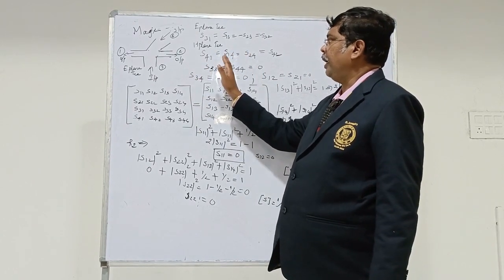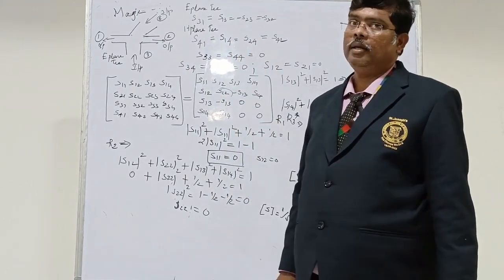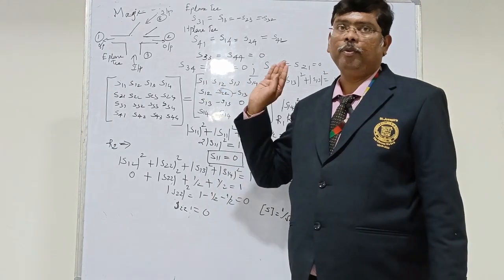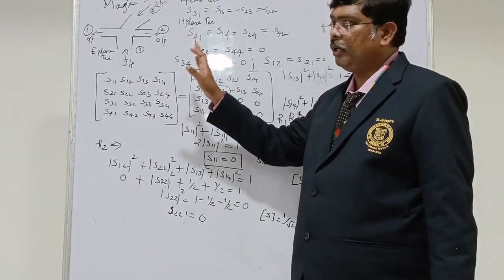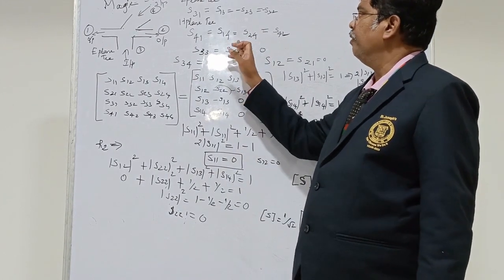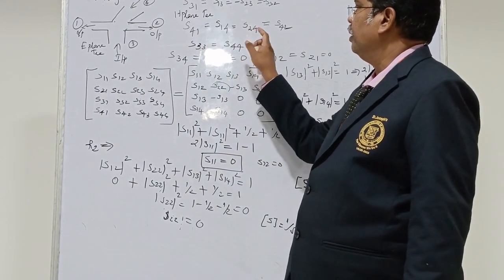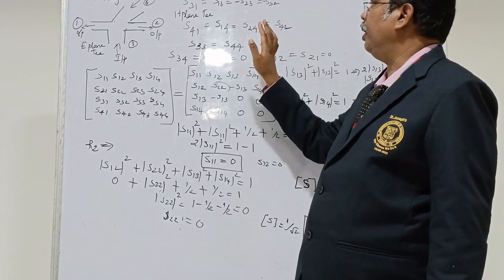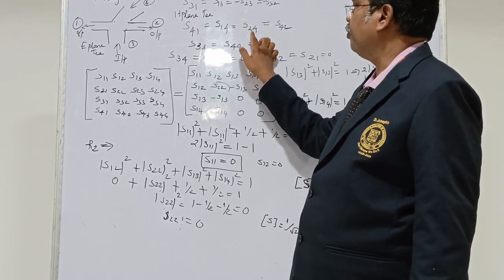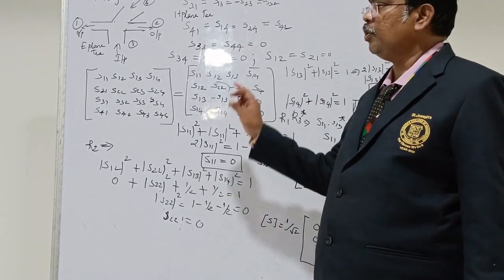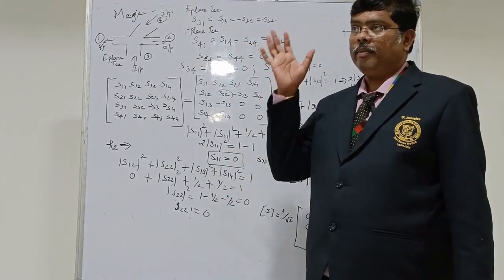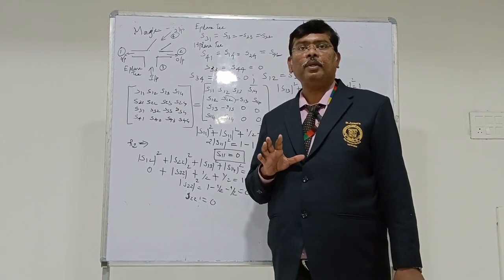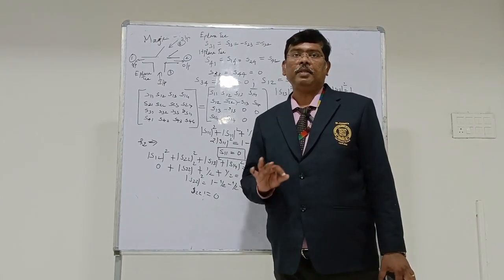In a similar way, I am writing the condition for the H plane T, because port 4 here is the input port for the H plane T. Whatever amount of input we give at port 4 will be coupled with port 1 equal to the coupling between port 4 and port 2. These two are in phase to each other, so there is no negative sign here. In the previous session, I explained the symmetry property for reciprocal devices.